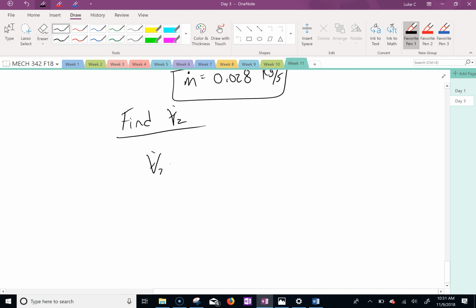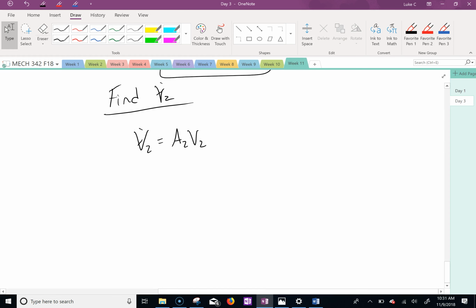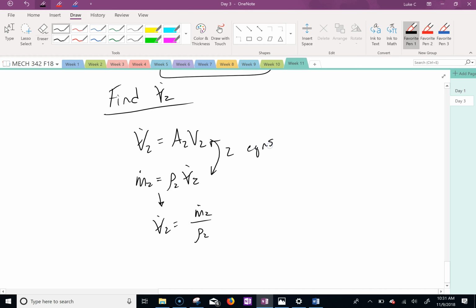So V dot 2 is A2 times V2. We also know that m dot 2 is rho 2 V dot 2, right? So those two equations, we can somehow find volumetric flow rate.